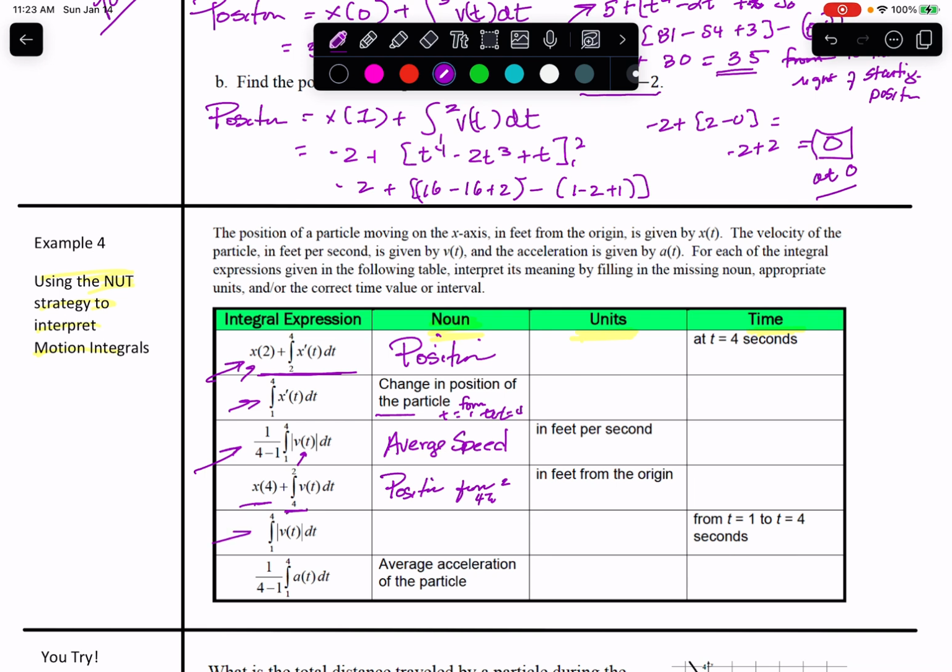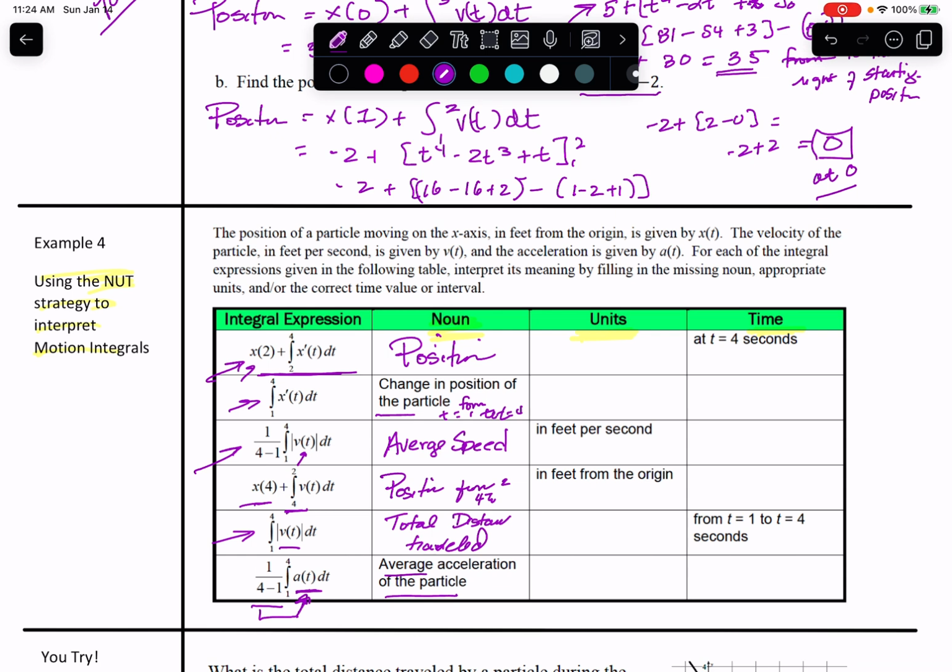And then this one looks like it's the total distance traveled, the absolute value of velocity, between those times. And then this one is the average, but it's the average acceleration. So this is the average acceleration of the particle.